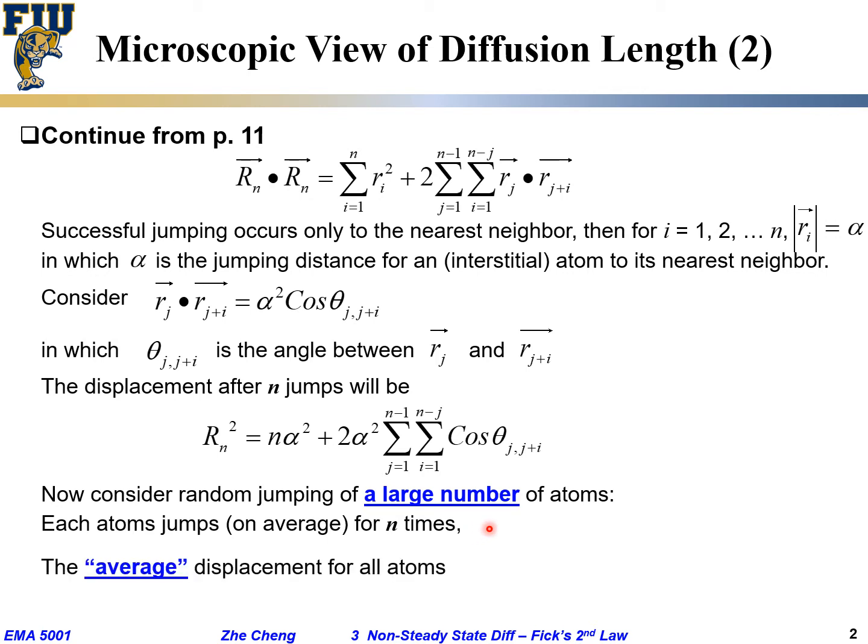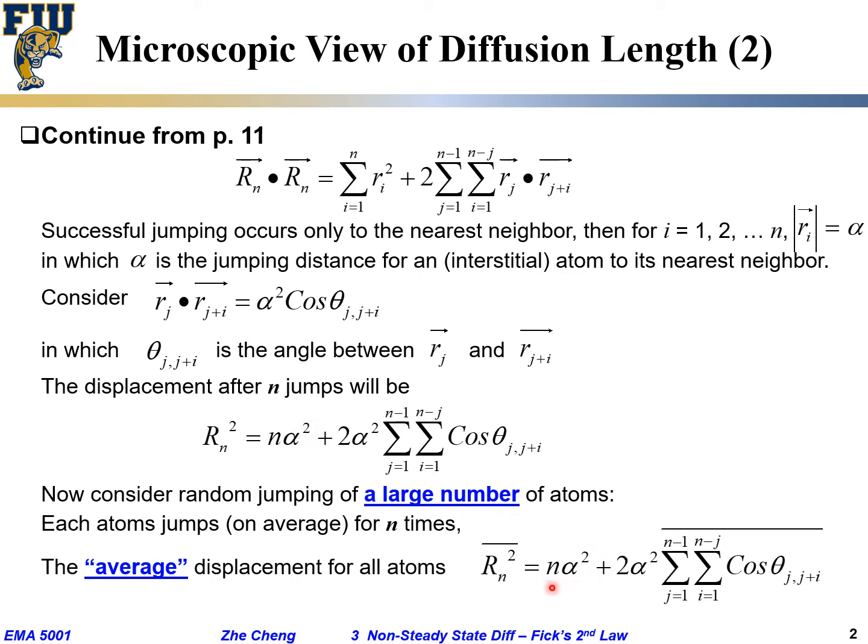Make sense? So, as a result, the so-called average displacement, the average of this Rn square, which means what are we going to get? We're going to get Rn square, but with a bar on top for average. Rn square means, for one individual atom, the displacement after n jumps, but then we do an average. We're counting a billion or a zillion atoms. Each atom would jump, but let's take an average over them all. Do you see the first term still got kept?